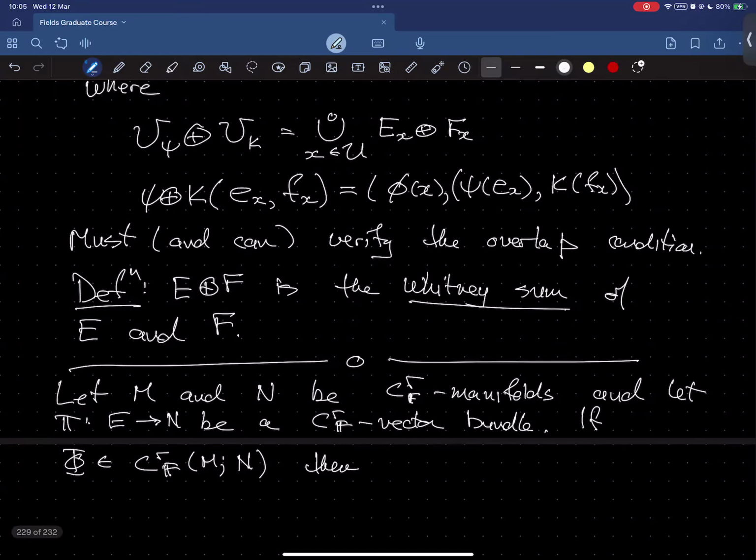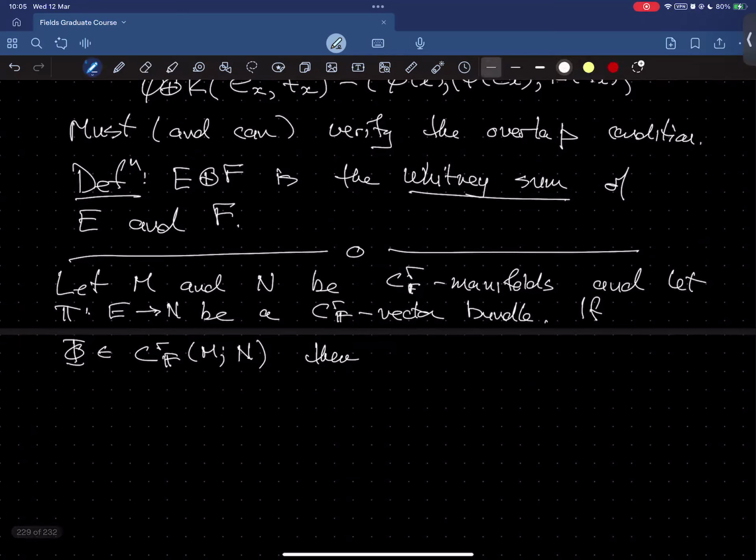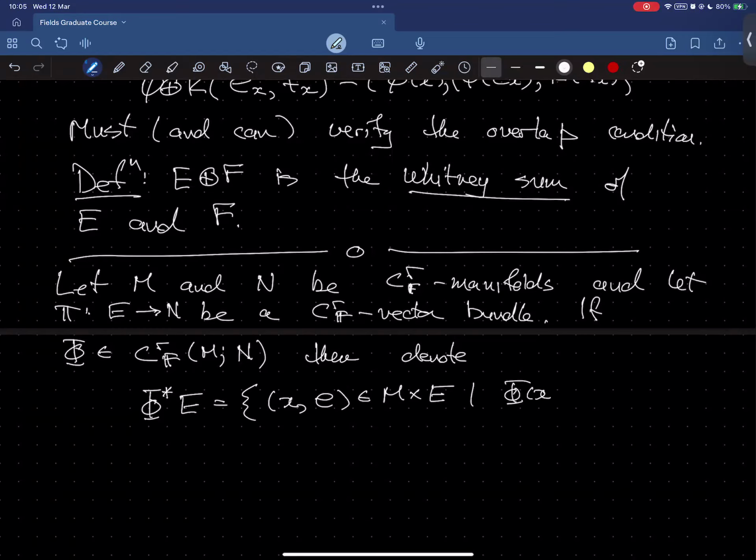Let's just define a thing which at least notationally makes sense. I'm going to call this phi star E. This is going to be the set of points (x, e) in M cross E, so that phi of x is equal to pi of e.